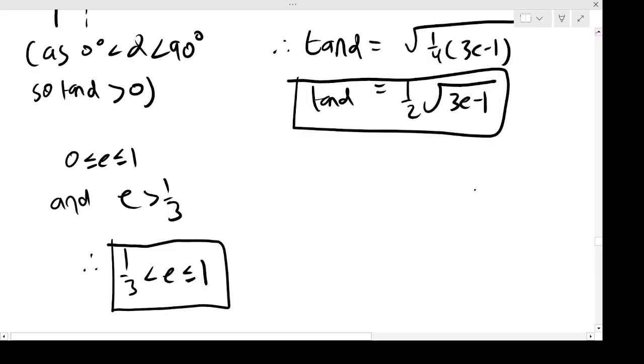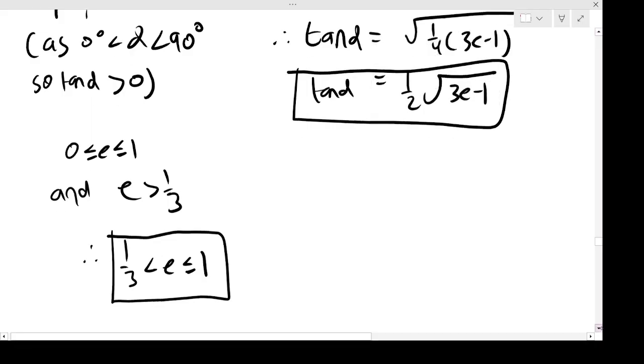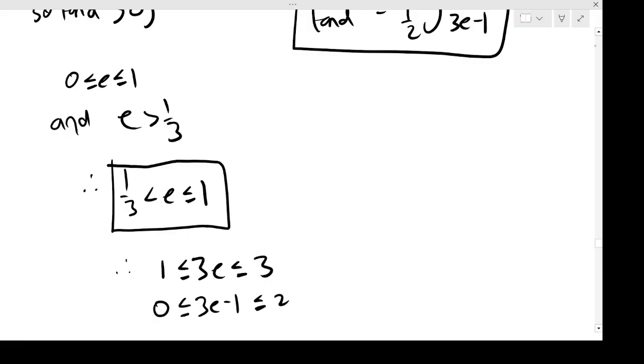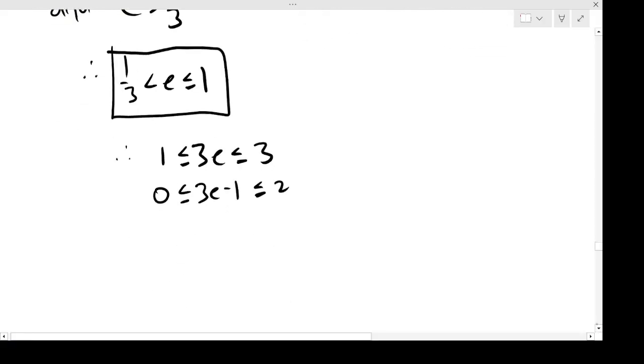So we want a half of the root of 3e minus 1. So if we know e is between 1/3 and 1, therefore if we triple it firstly, 3e is going to be between 1 and 3. Then if we subtract 1 from all parts, we get 0 and 2. Okay, hopefully happy with that. And then if I root everything, I get root 3e minus 1 is greater than 0 and less than or equal to root 2, right?